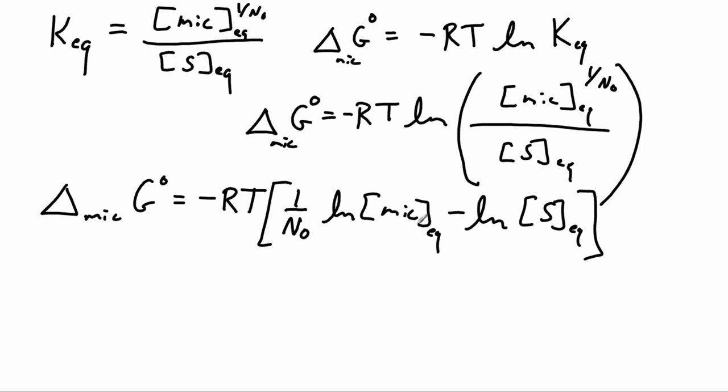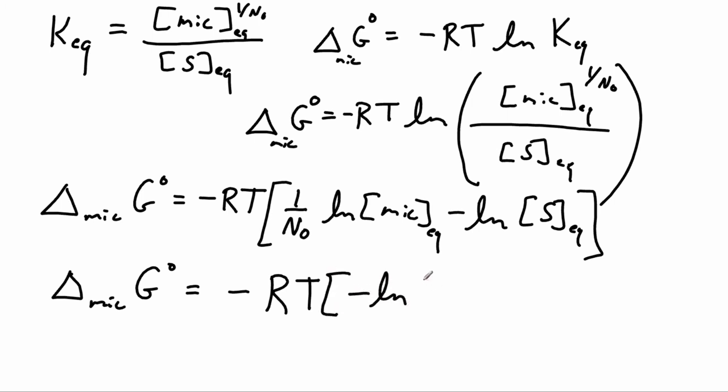So that means this term is much, much smaller than this term. So we're going to neglect this term and simplify and say delta G standard for micelle formation is just going to be negative RT times negative log of the concentration of surfactant at equilibrium.